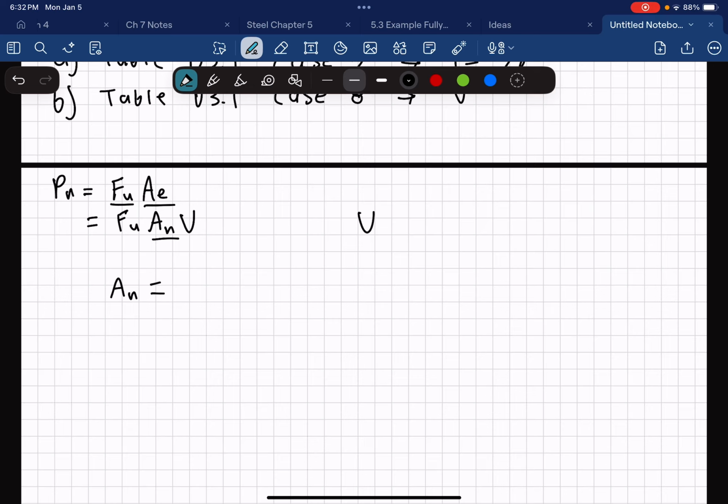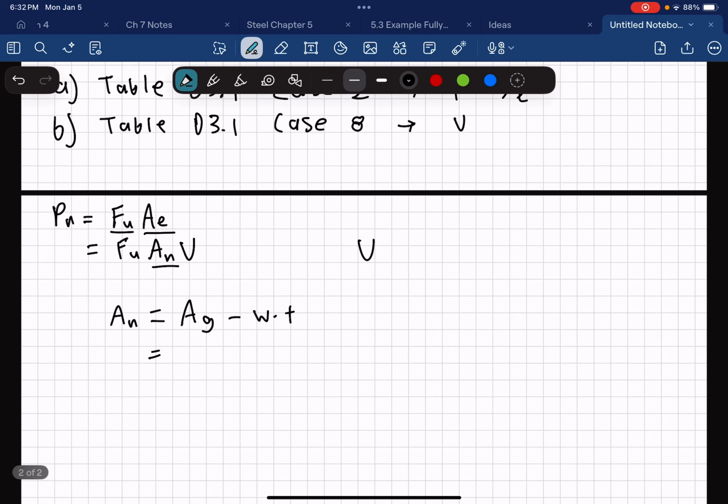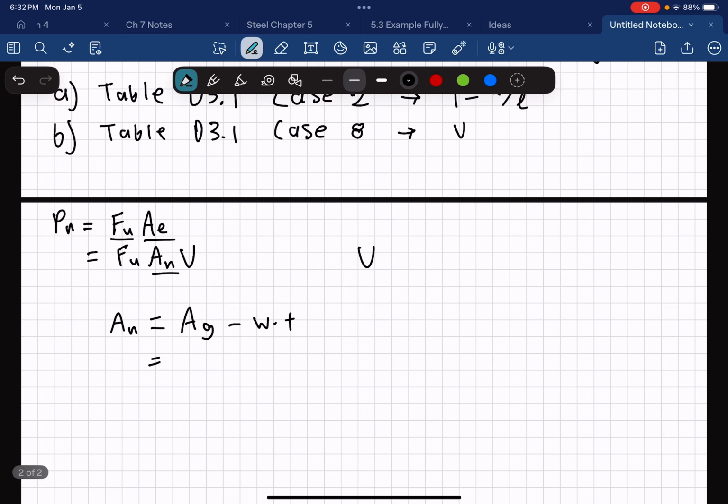So our net area is going to be the gross area minus the width of the bolt hole times the thickness of the material that we're dealing with. We can go into table 1-7 to find what our gross area will be, since that is our dimensional properties table.